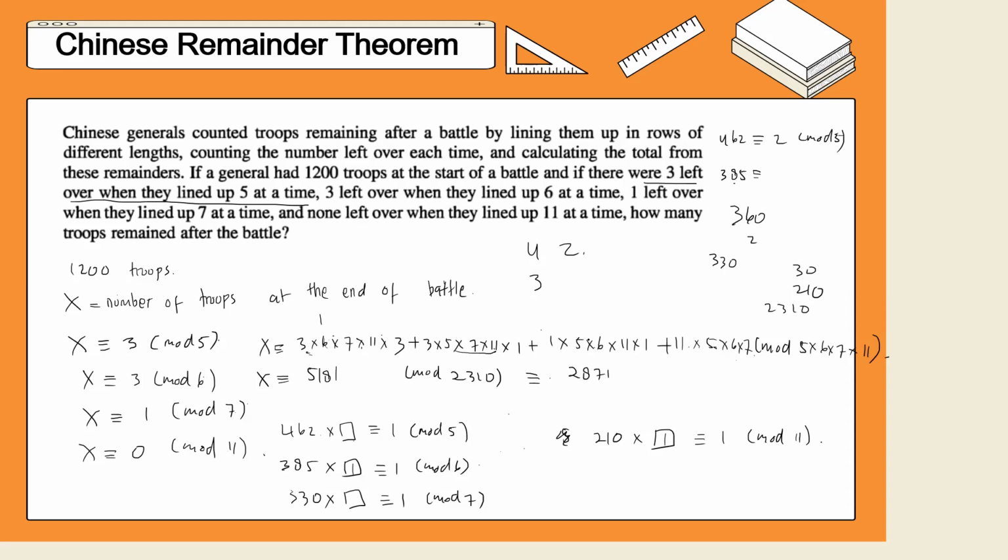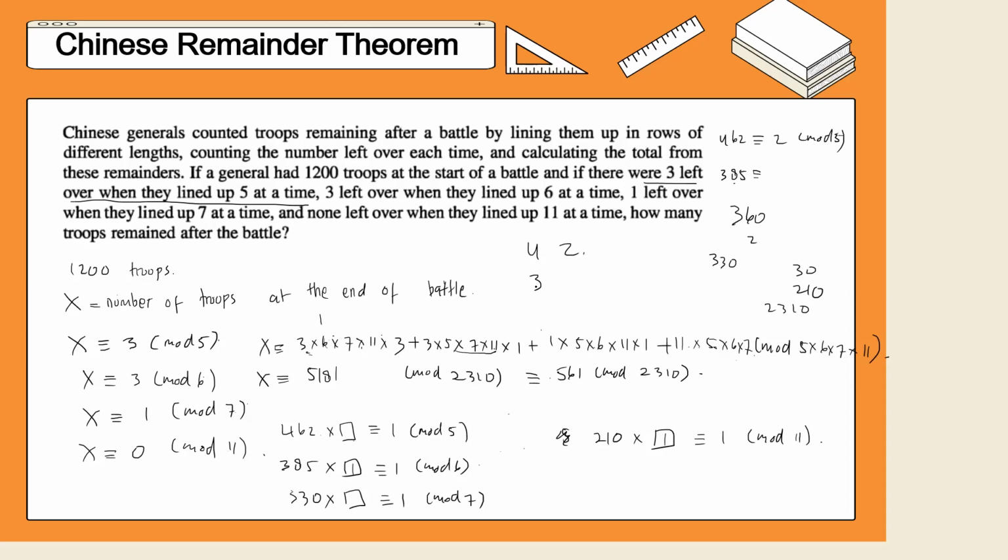You can still reduce it by 2310. 561. That is the answer. 561 modulo 2310. Okay, so the answer is like 561 or 561 plus 2310 or 561 plus 2 times 2310, and etc.